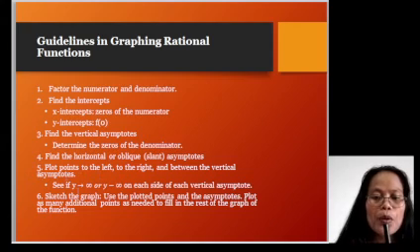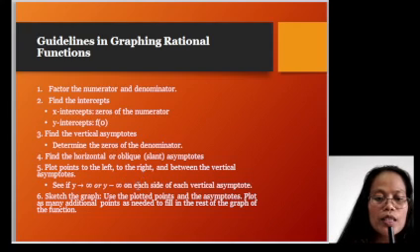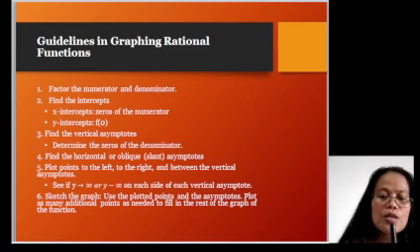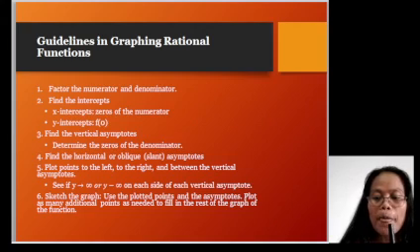You have to plot points to the left, to the right, and between the vertical asymptotes. And you see if y is positive or negative in each side of each vertical asymptote. And you sketch the graph, use the plotted points and the asymptotes. Plot as many additional points as needed to fill in the rest of the graph of the function.